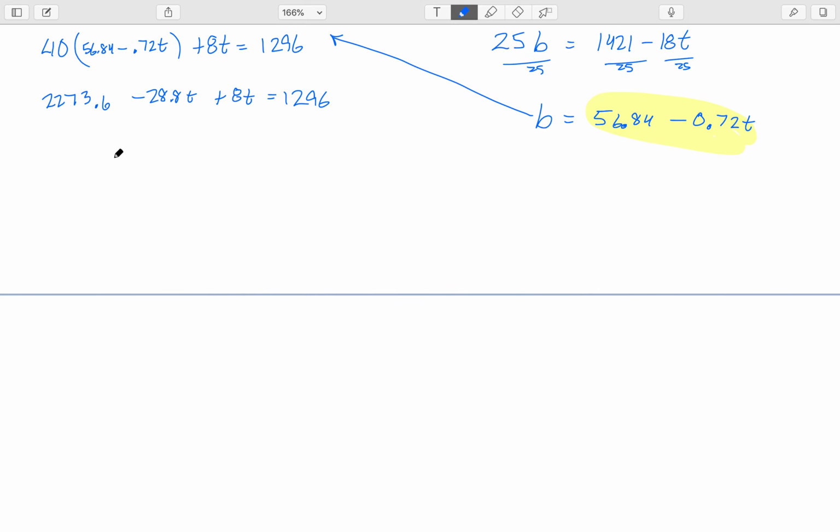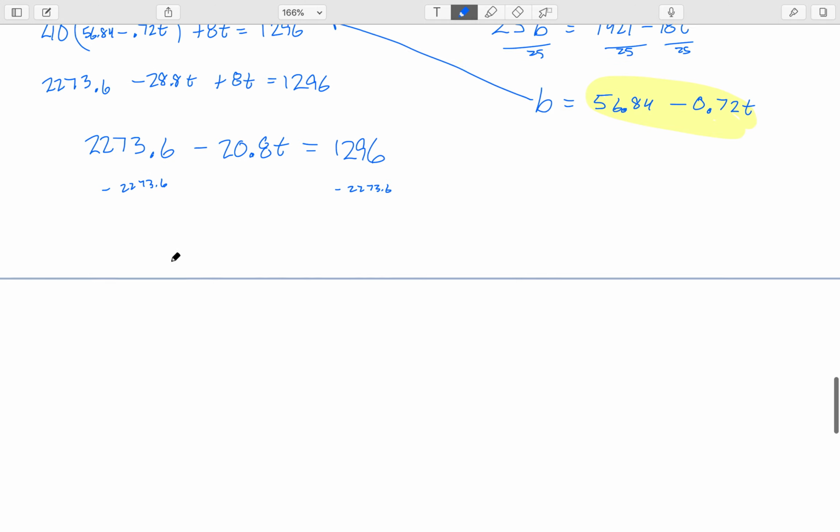Now what? This is 2273.6 minus 20.8t equal to 1296. Okay, now what? Subtract off 2273.6 from both sides. Yikes, this is going to be huge.